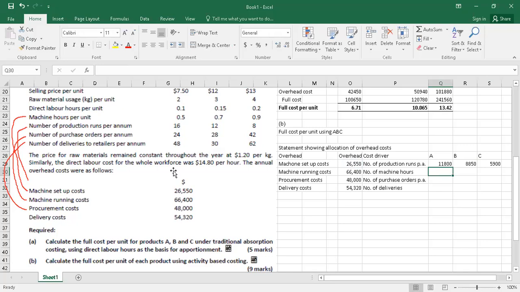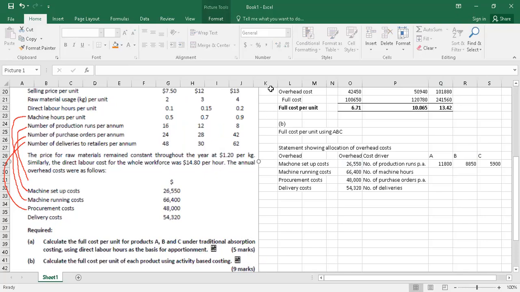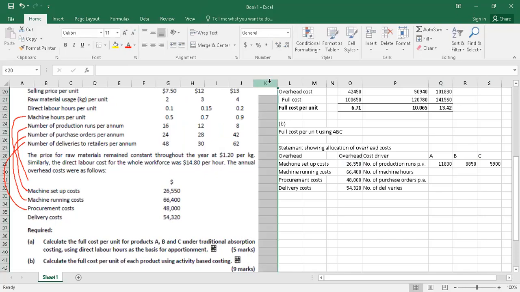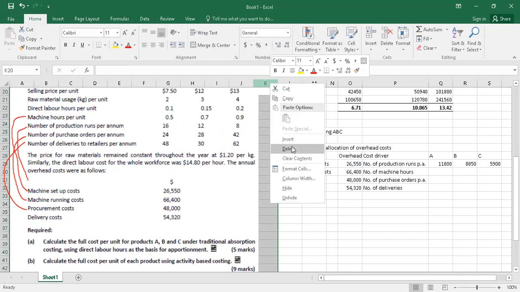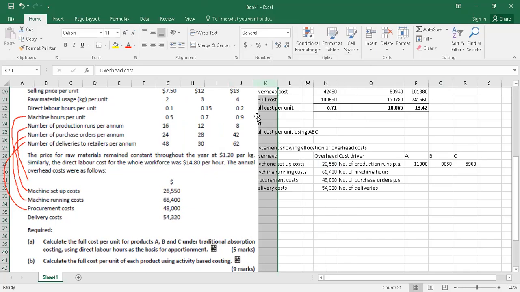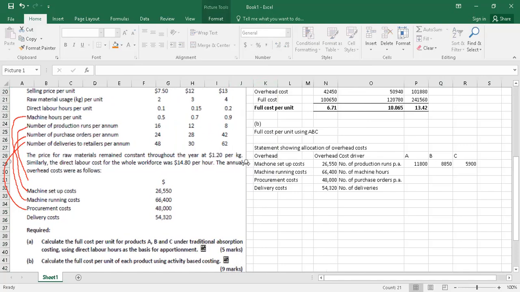Now we see the overheads for the next one, machine running cost. Machine running costs are based on machine hours per unit. No, this is per annum, this is per unit.